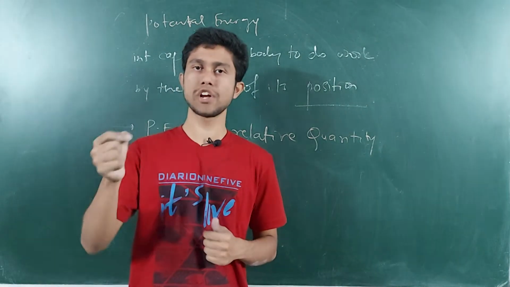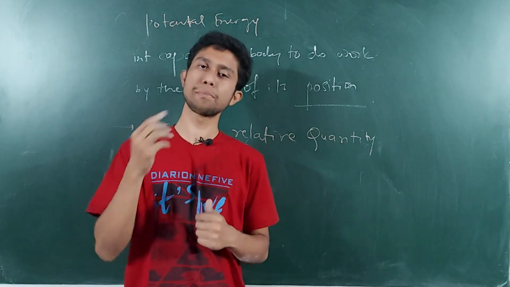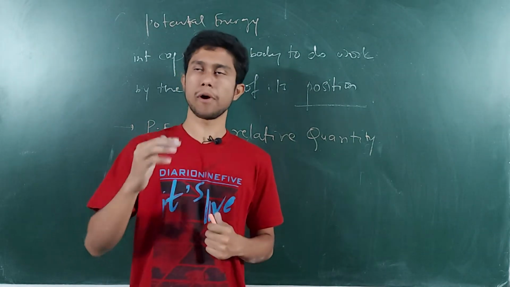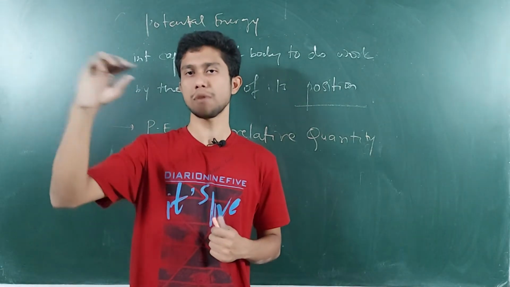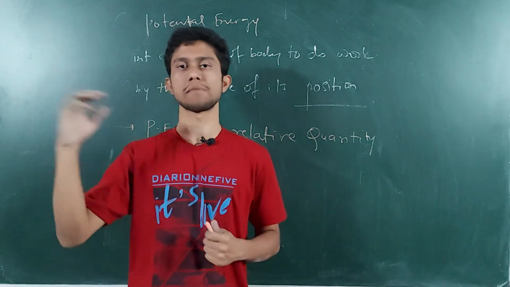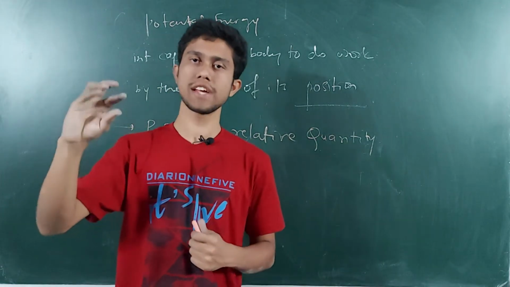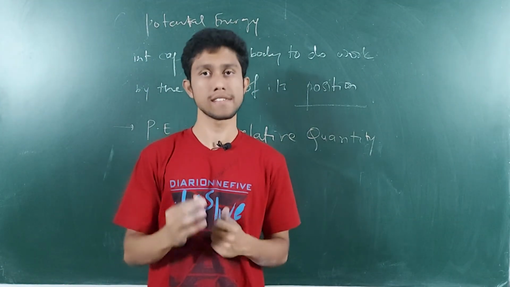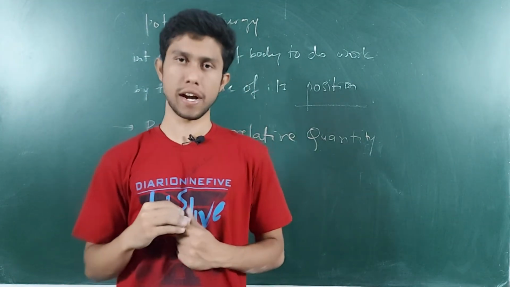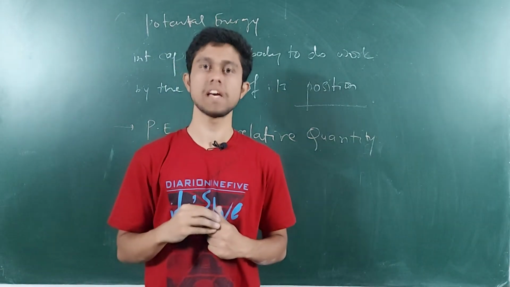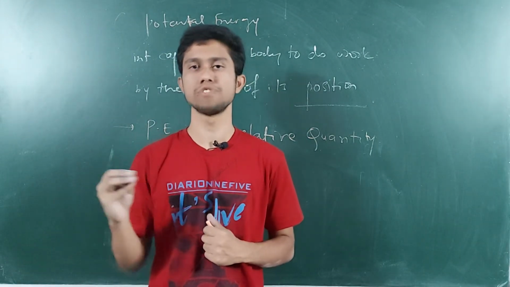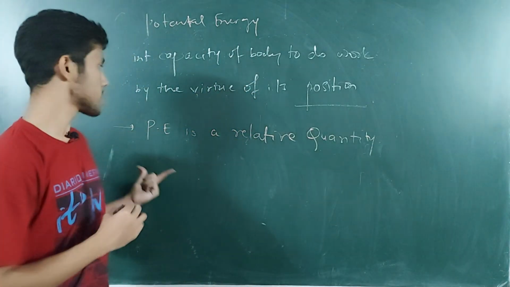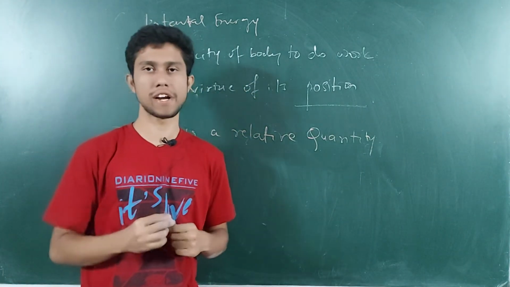A particular body will have different potential energies with respect to different objects. The potential energy of that object with respect to me will be something, and the potential energy of that object with respect to any other person will be different. Hence potential energy is a relative quantity and it always has to be with respect to some other object or point. So this is the importance of this point.